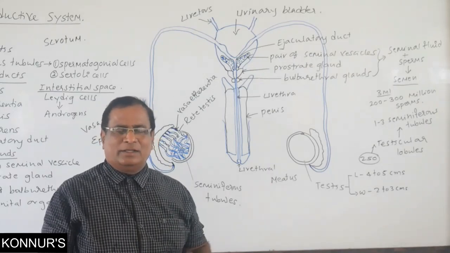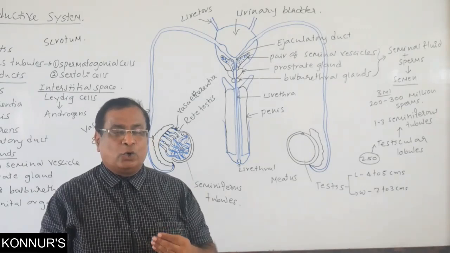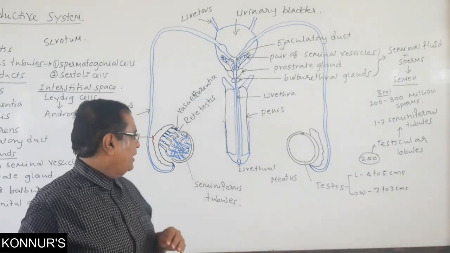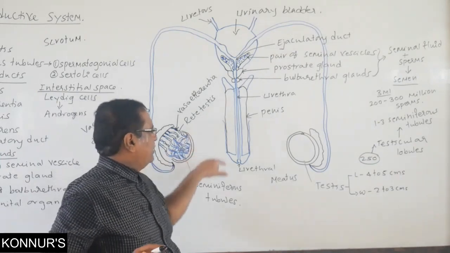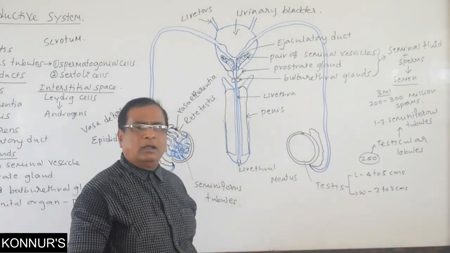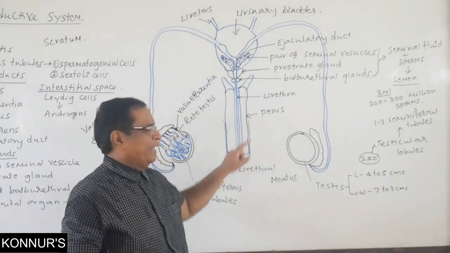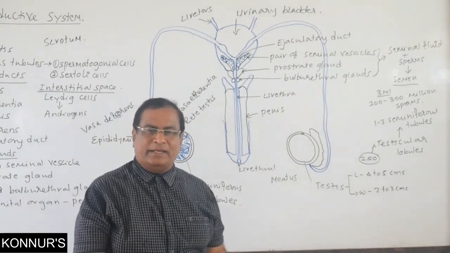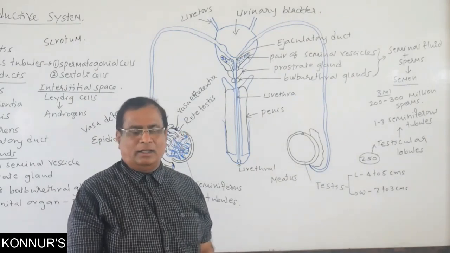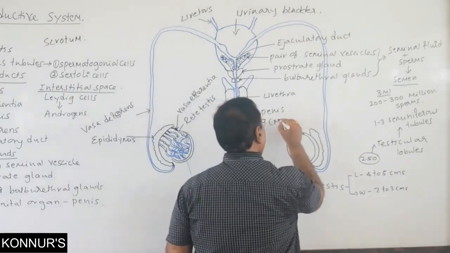That's why the male reproductive system is also named the urogenital system. And now, this is a muscular male genital organ named the penis, and this penis is an organ mainly meant for micturition.